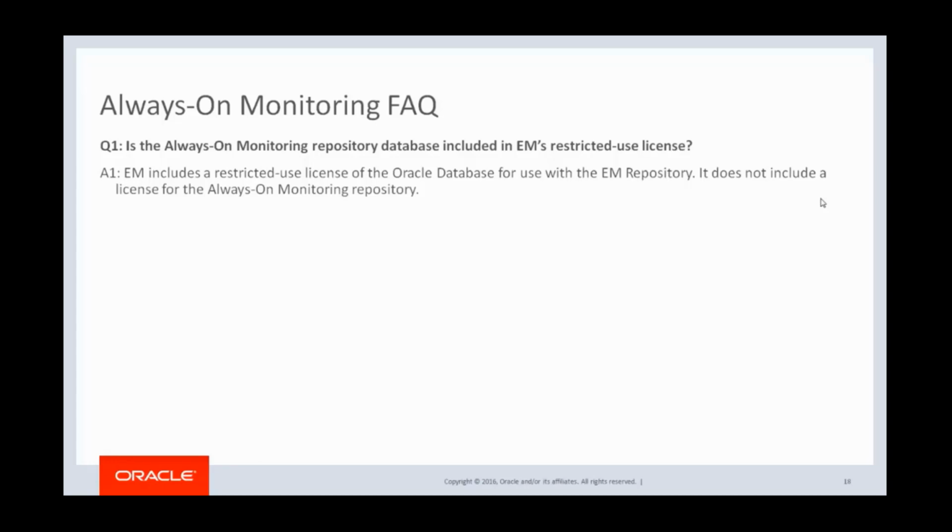On the other hand, the AOM database is very lightweight, so we do not think it requires a dedicated system to host that database. So if you have a database license already, then you can set up the AOM repository in one of the database systems that you already have. But please do not install it on the host where you have the Enterprise Manager database, to avoid a single point of failure. At least it should be installed on a separate host from the OMR.